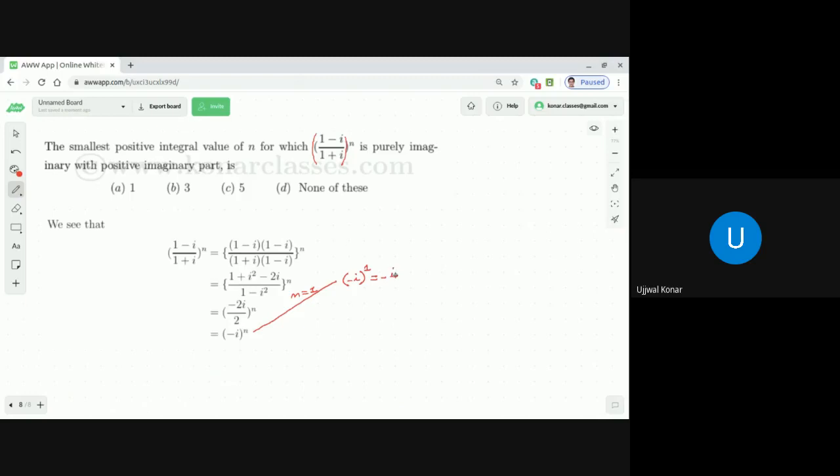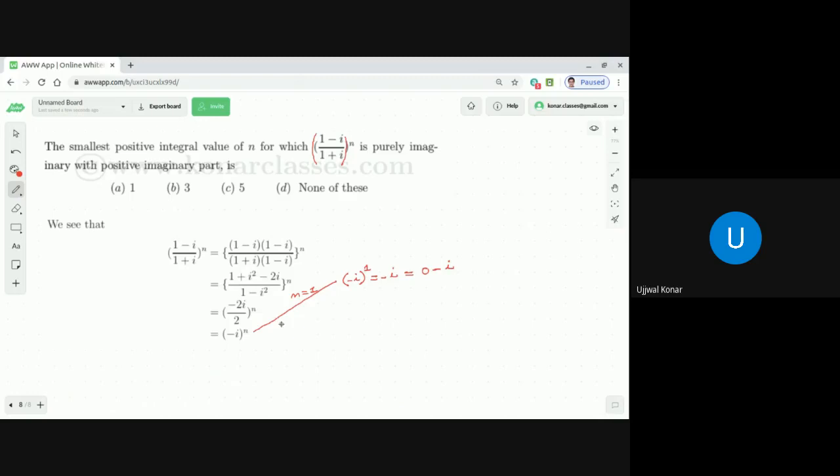Minus i is a purely imaginary number, but the imaginary part is negative, no? You can represent -i as 0 - i. That is not a purely imaginary number with a positive imaginary part. Here the imaginary part is negative, so n equal to 1 is not an acceptable answer.